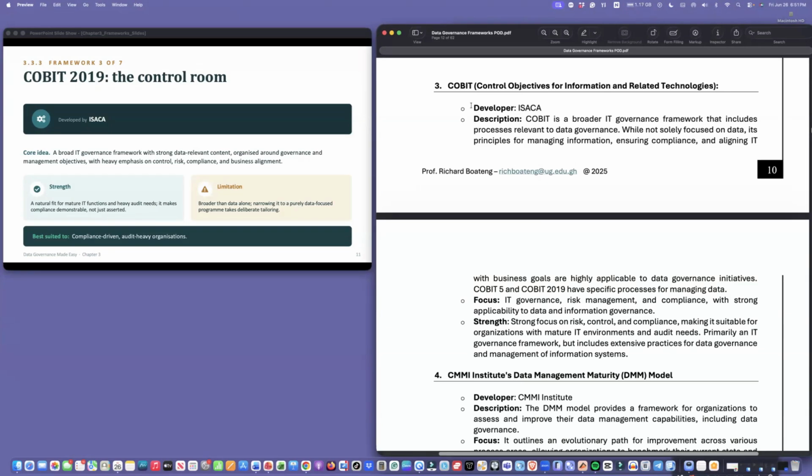Its objective is to manage risk, control, and compliance, making it suitable for organizations with mature IT environments and audit needs. Primarily, it is an IT governance framework, which includes extensive practices for data governance. So it goes beyond just data governance to look at IT governance.